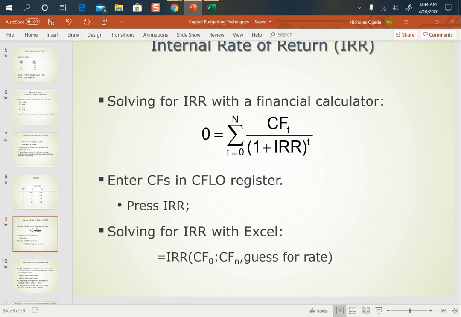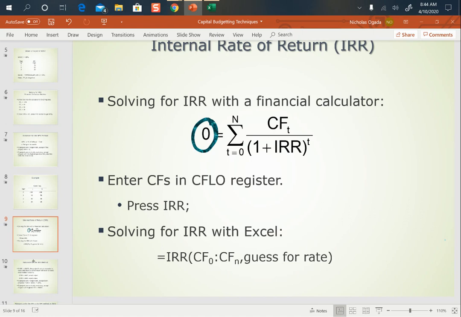And this is basically the formula. If you think about it from a mathematical perspective, this is the formula that you can use to find the internal rate of return. Looking at the formula, we are looking for a rate that we use to discount all the cash flows, and when you sum all those discounted cash flows, they equal zero.